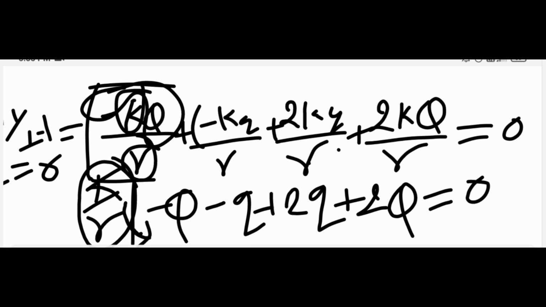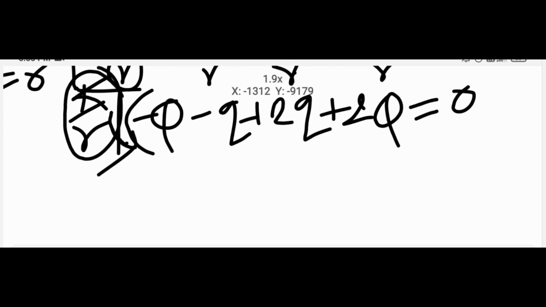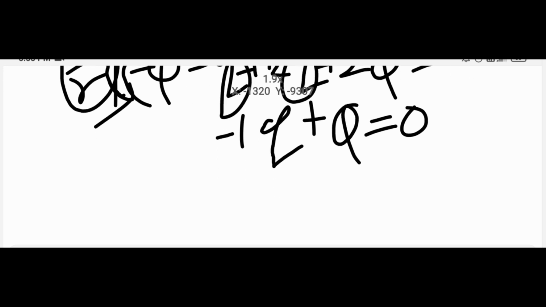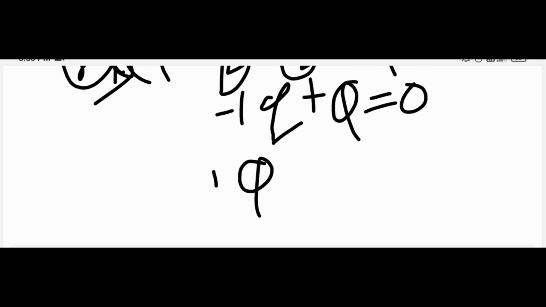So we are left with minus capital Q, minus small q, plus 2q, plus 2 capital Q. Then minus 1 plus 2 gives plus 1 small q, and minus Q plus 2Q gives plus capital Q, which is equal to 0. So we can say that capital Q is equal to minus small q.